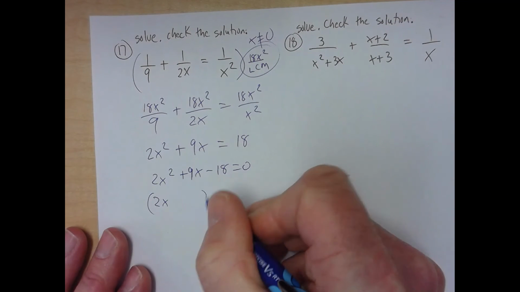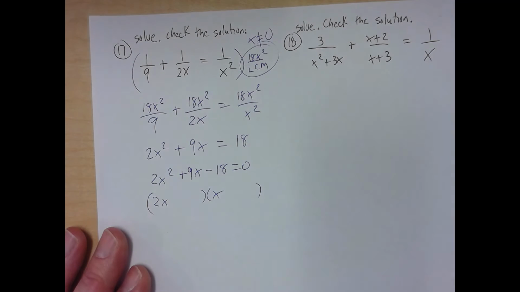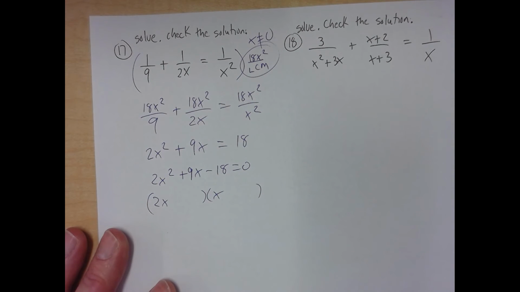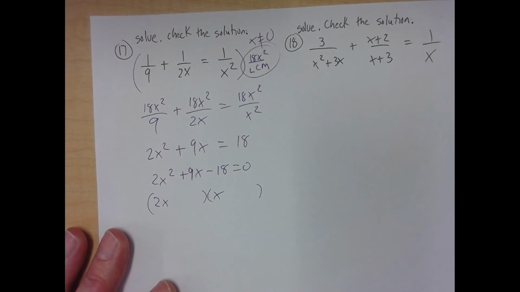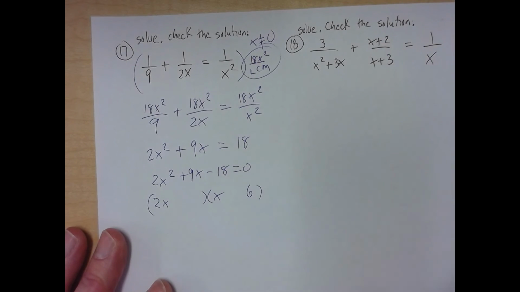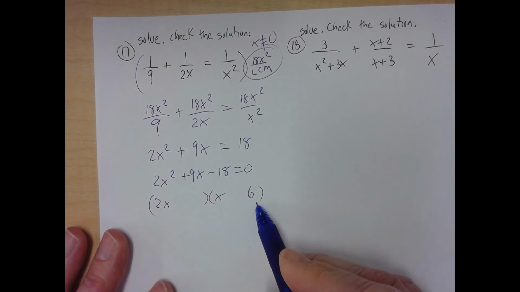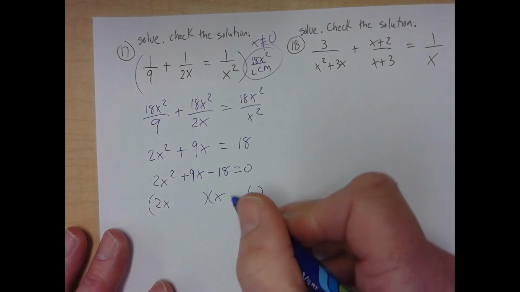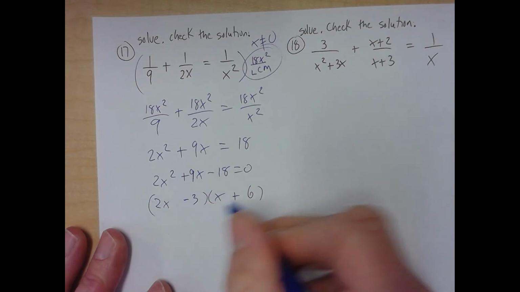2x, x. I believe this factors 6. That would be 12. And the 12 needs to be positive, and then minus 3x would make 9 in the middle.